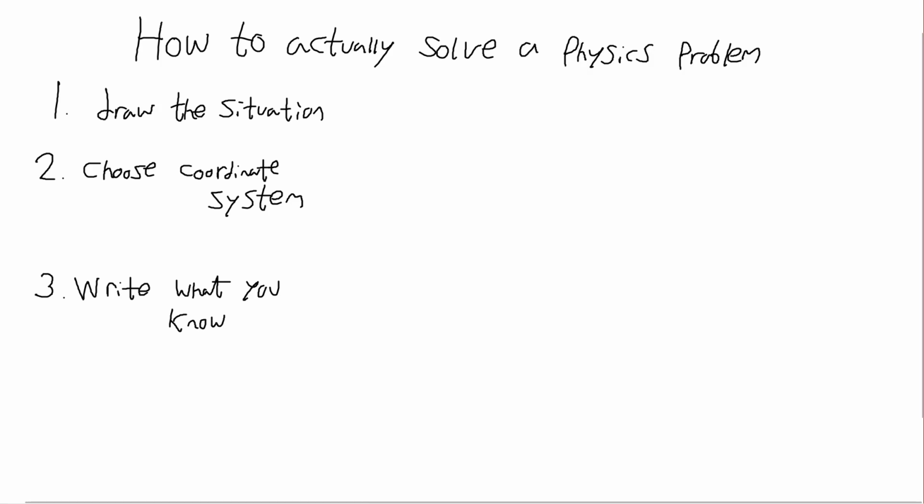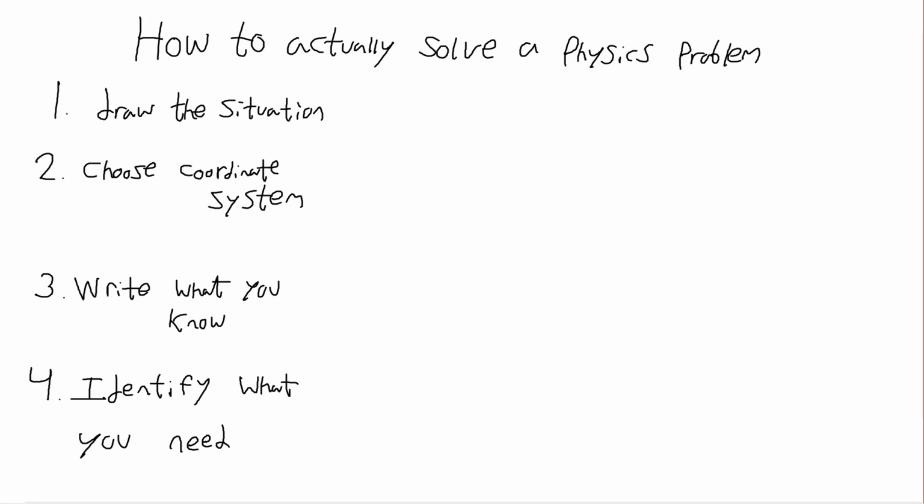And by that, I mean whether it's something the problem tells you explicitly, like if it says the block starts at 12 meters a second, or it's something you know implicitly, like you know gravity is always going to be 9.8 on Earth. Then you want to identify what you need. There could be a ton of things that you can solve for, but that doesn't mean it's going to be useful. So by determining what you need, you'll stay on track and not waste any time.